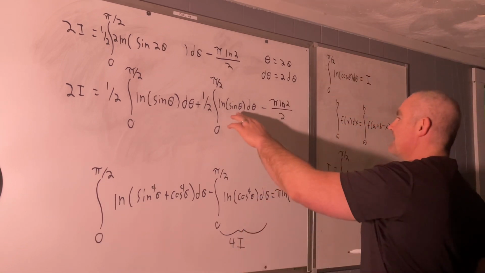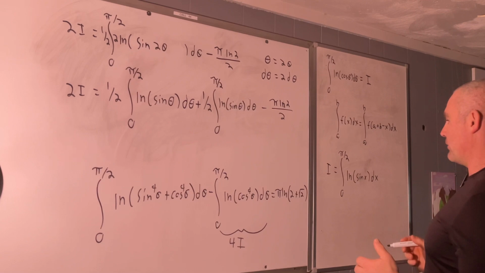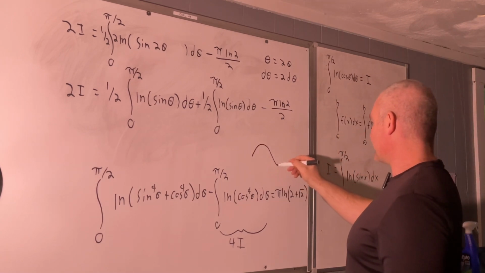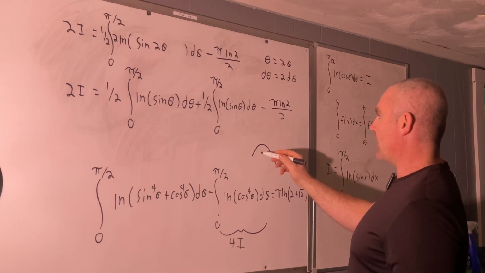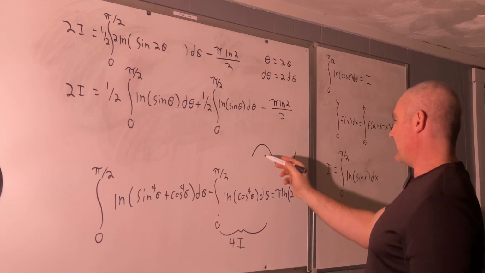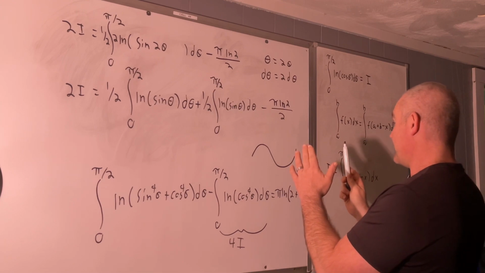And then what is sine of phi plus pi over 2? Well, sine starts here and goes like this. If we add pi over 2 to the phi, that means we move it to the left, right?